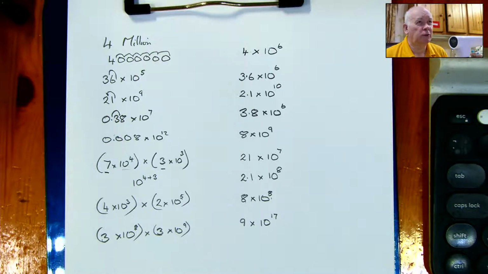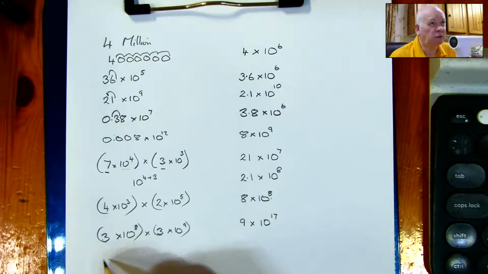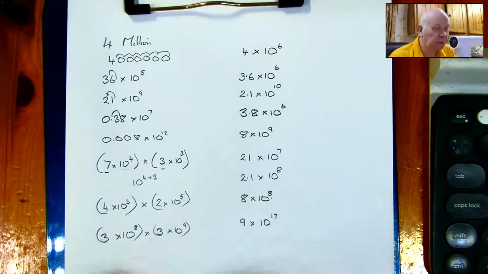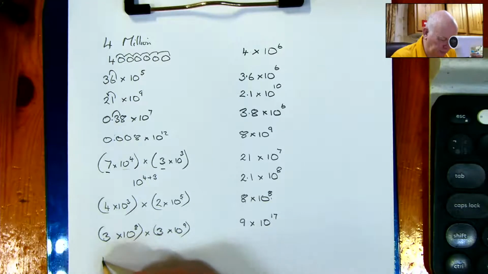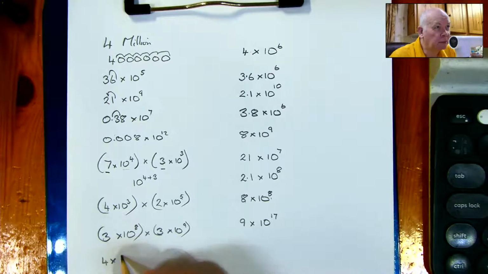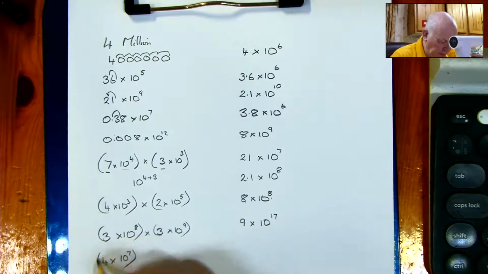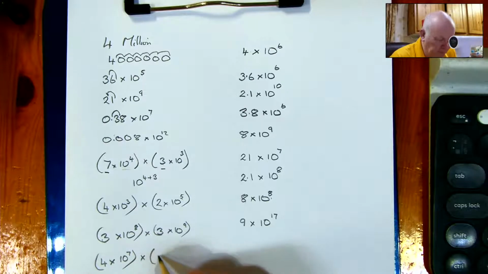Now, let's have a look and see what we can do with something a little bit nastier. Let's look at 4 times 10 to the 7, and I'm going to multiply that by 3 times 10 to the 6.